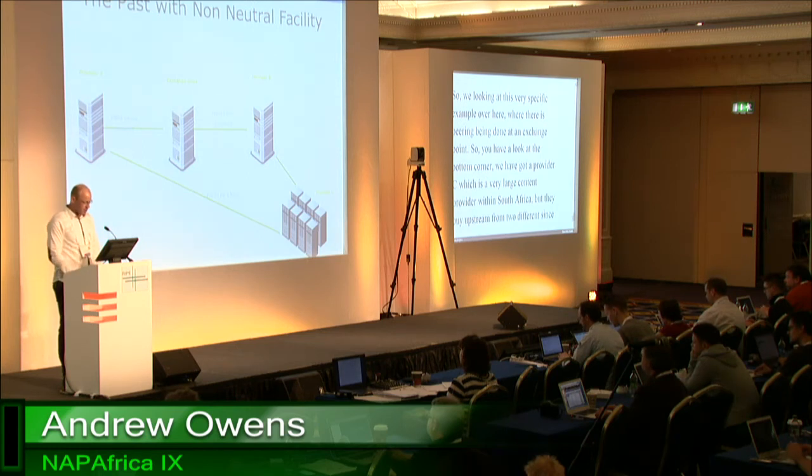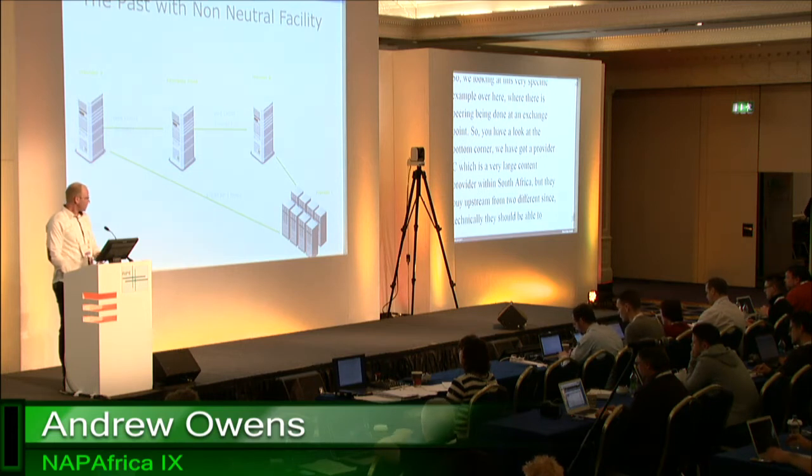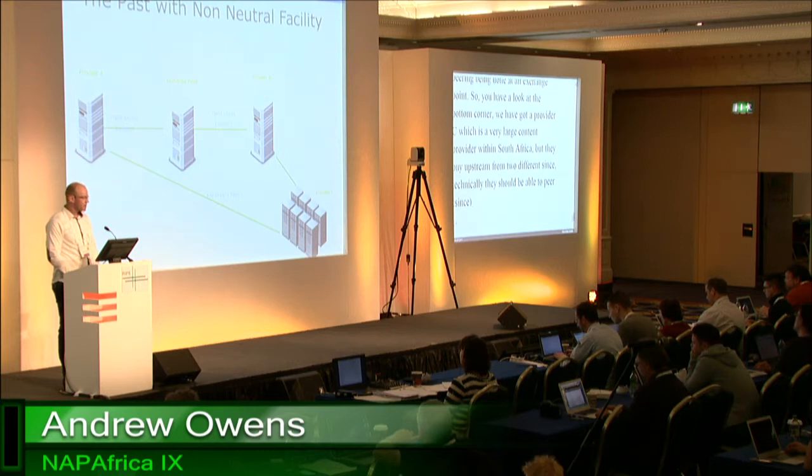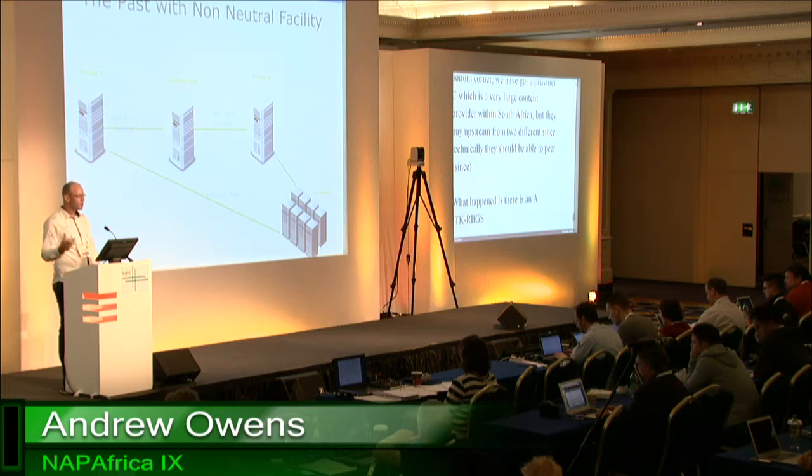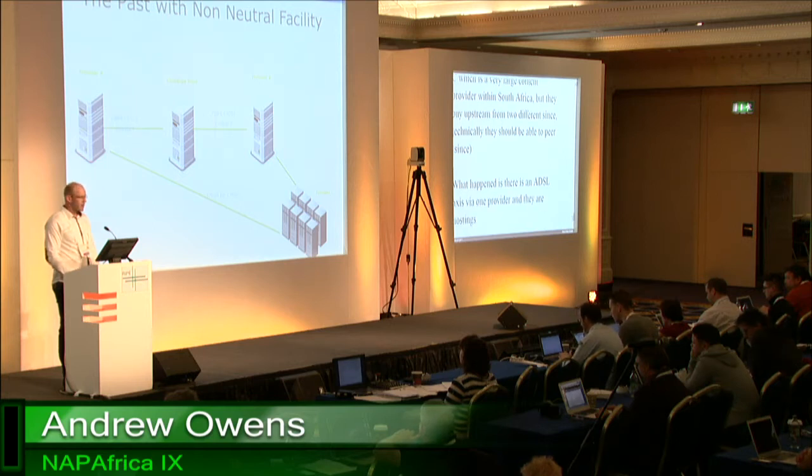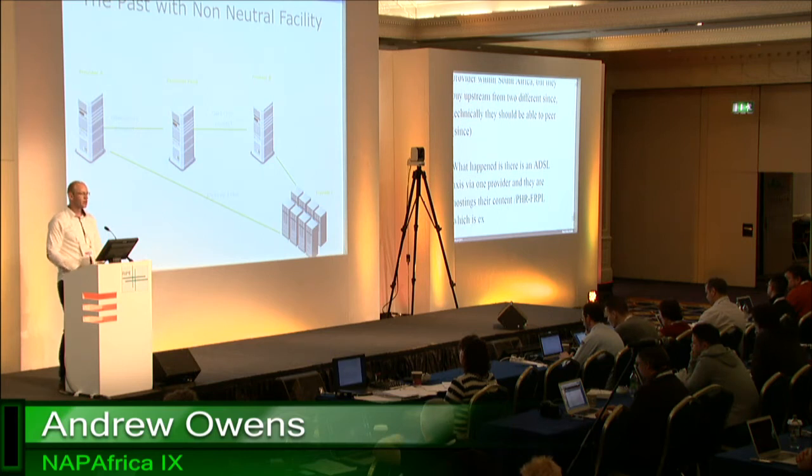Provider C has their own AS number, so technically they should be able to peer. They're reselling ADSL access via one provider, and they're hosting their extremely large content platform at a different provider. So there's a lot of interconnection between their own customers.